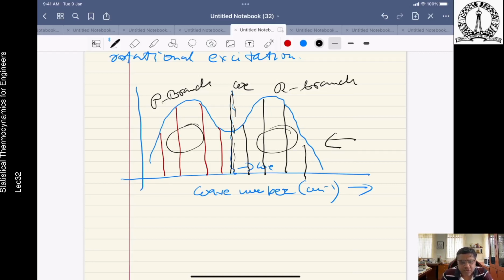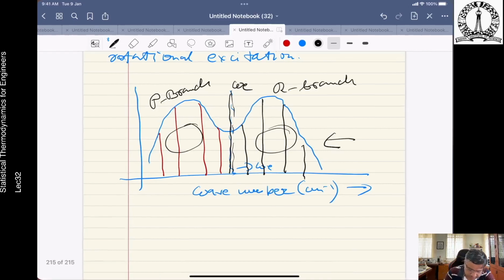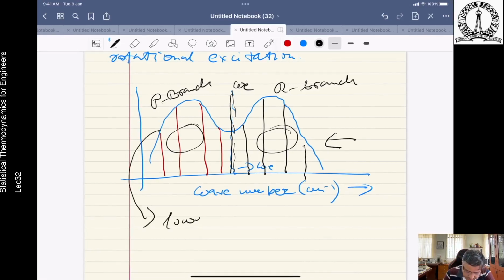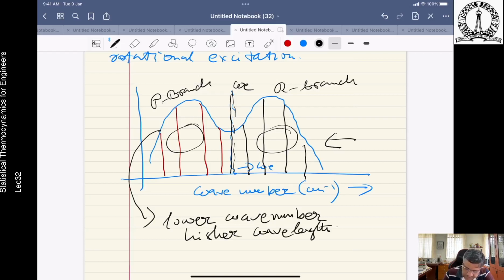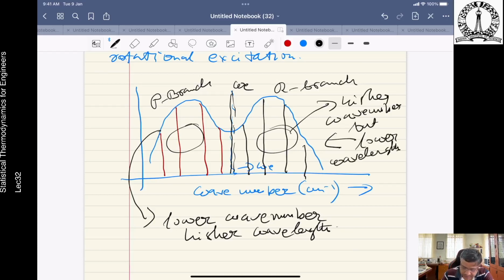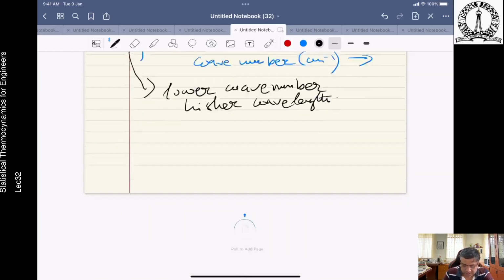The group of lines at lower wave numbers, which means higher wavelength, is called the P branch, while this one, which happens at higher wave number but lower wavelengths, is called the R branch.